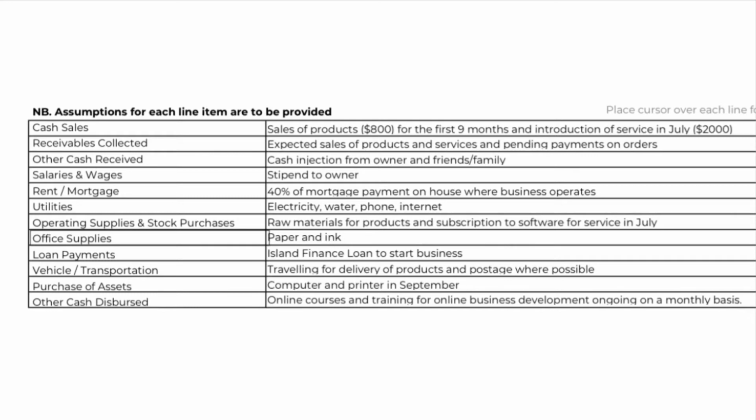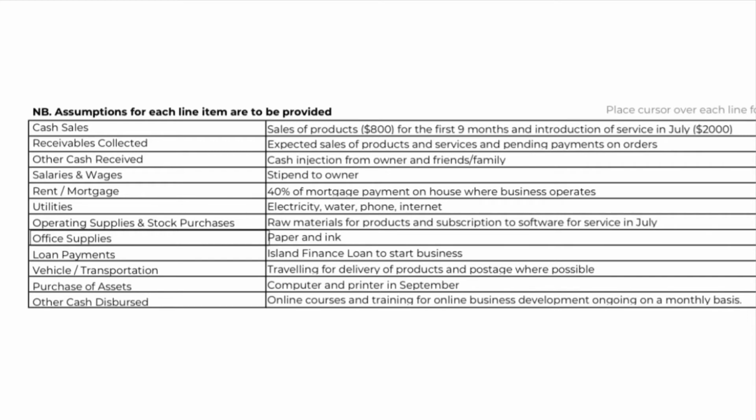So you can read the descriptions at the bottom to understand what each item under the cash received and the cash dispersed sections means, so that you can now put in the amounts and the corresponding description relevant to your own business.